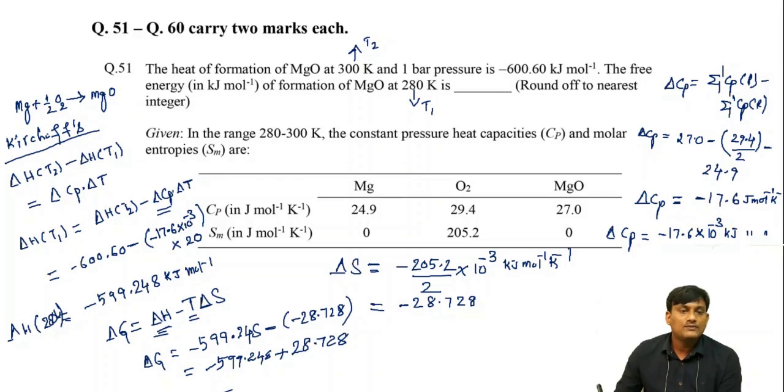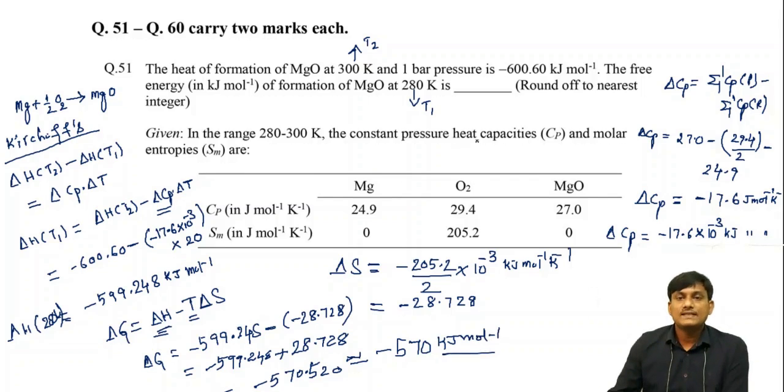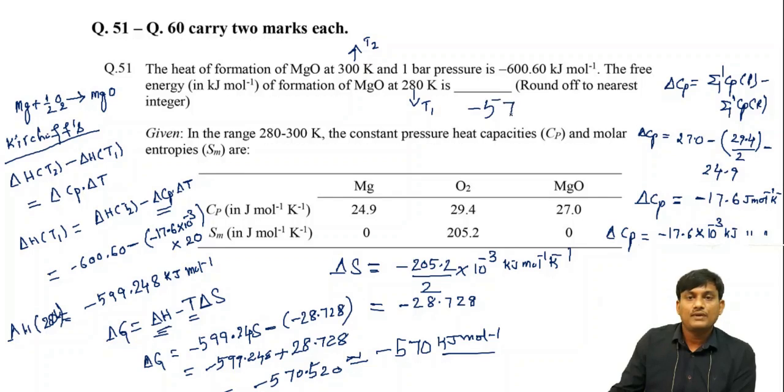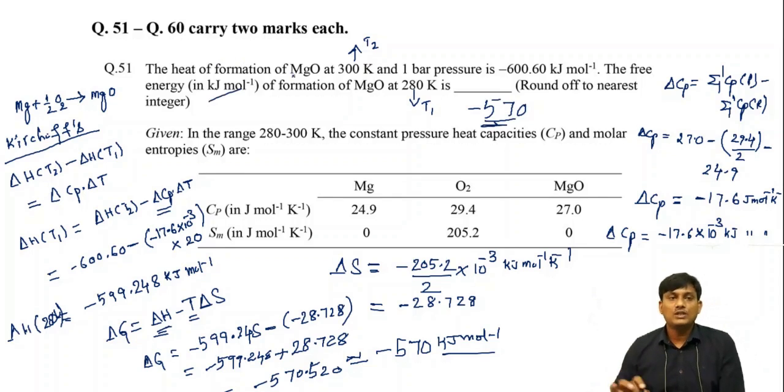Finally you will get minus 570.520. So it will be approximately minus 570 kilojoule mole inverse. So what is the answer? The answer is minus 570. This is in kilojoule mole inverse.